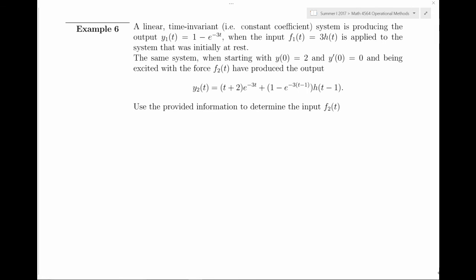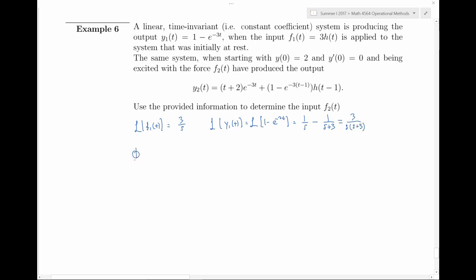We compute the system transfer function using the information given to us in the first half of this problem. So we know that the Laplace transform of the first forcing term is simply 3 over s, and the Laplace transform of the reaction of the system is simply 1 over s minus 1 over s plus 3, which can be simplified as 3 over s times s plus 3.